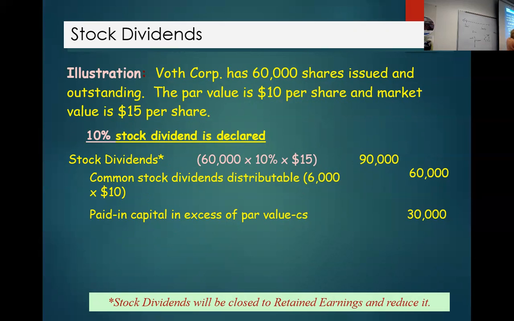This journal entry should feel vaguely familiar to you. It's a little like selling stock the first time, only in that case we debit cash, credit common stock, credit additional paid-in capital. We're declaring 6,000 shares, which is a par value of $60,000, and then we have 6,000 again times $5, which is the additional paid-in capital.